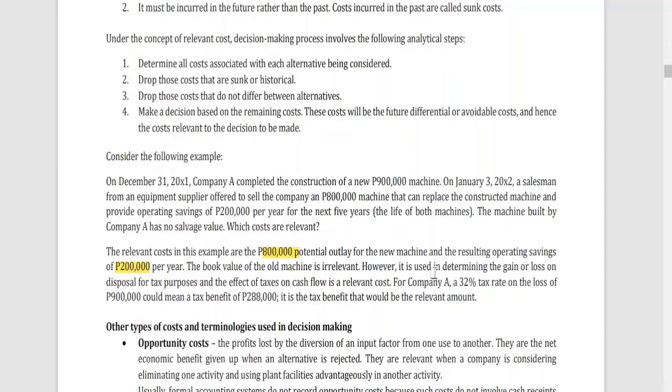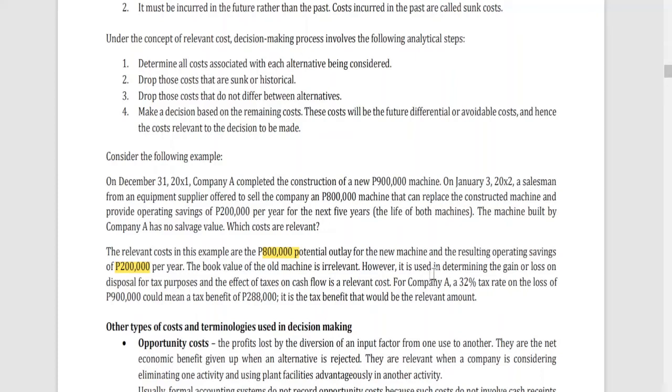Wala pa man ta kay baw ani nga na ay new machine, or even if kay baw ta nga na ay new machine in the following year, the machine was already constructed. It's already there. So even if you will buy the new machine or not, you already spent for the construction of the machine.